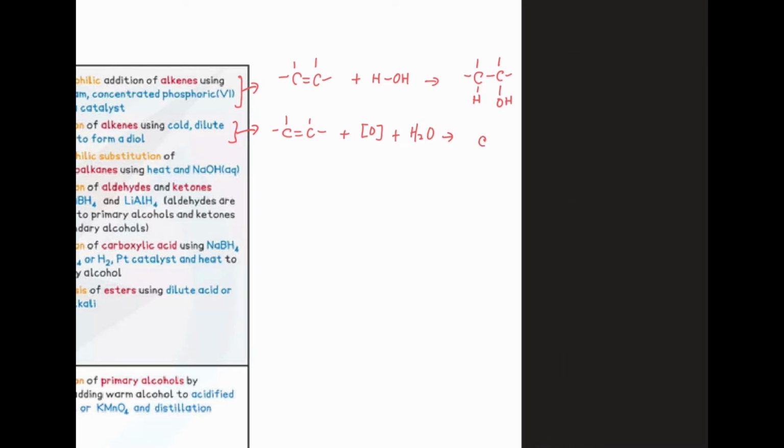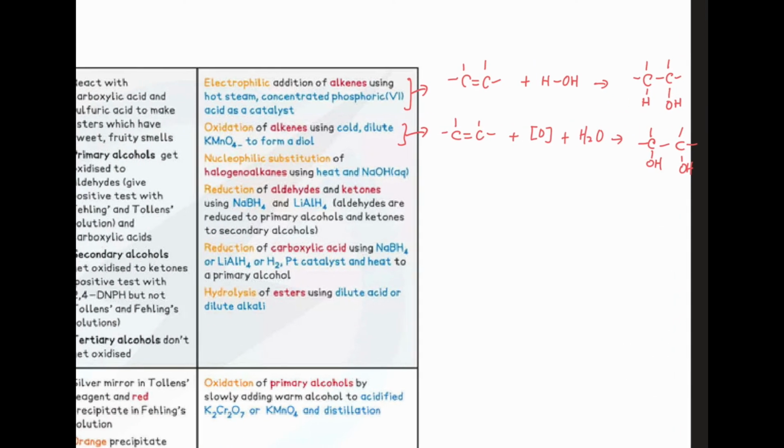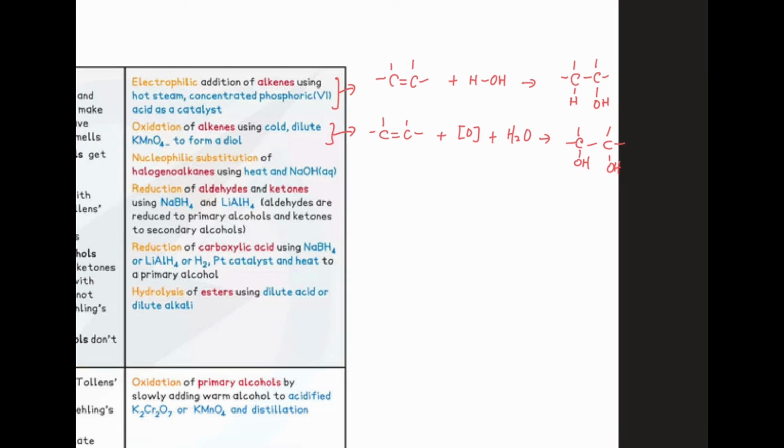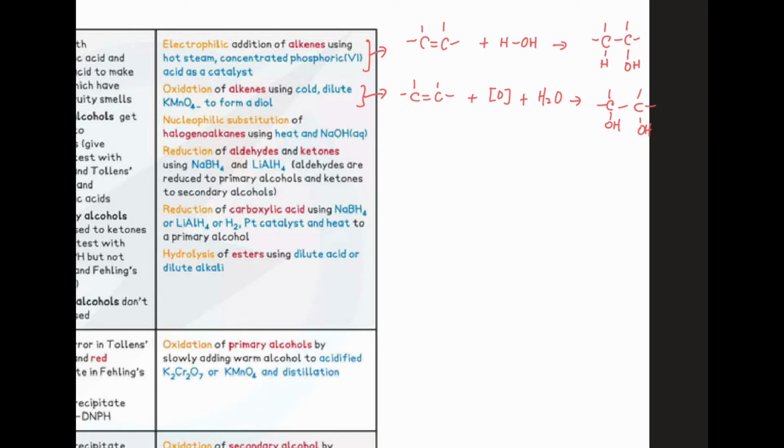So diol means OH on the 2 carbons which previously had a double bond. So that's the diol. A diol is after all an alcohol as well, because there are OH groups there.